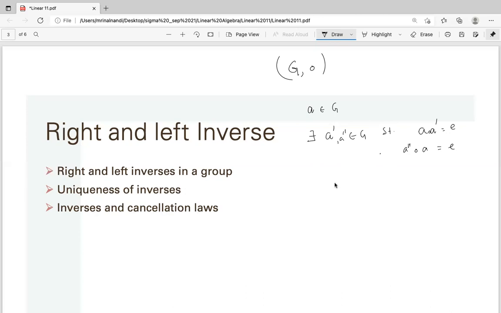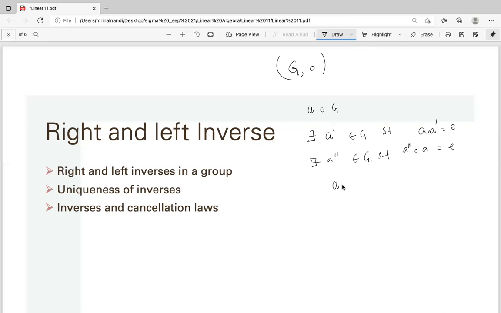If A has a right inverse and a left inverse, both exist, I say they are equal. If one exists, the other may not exist.